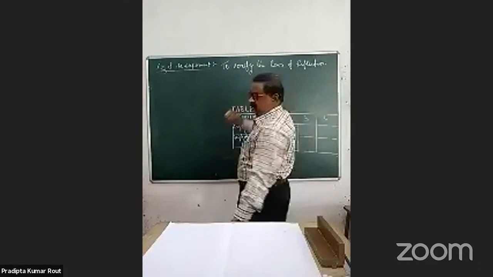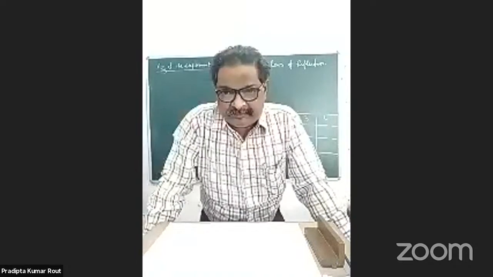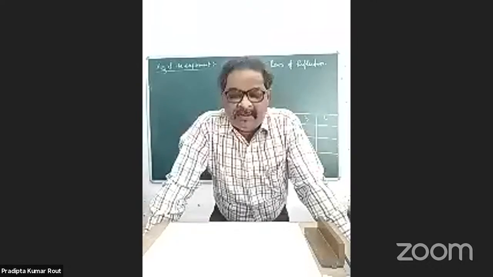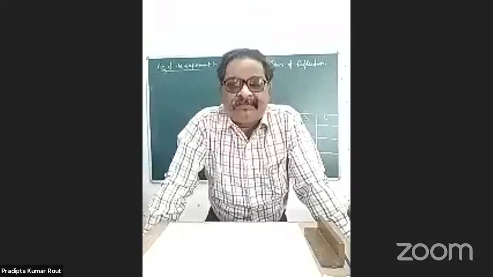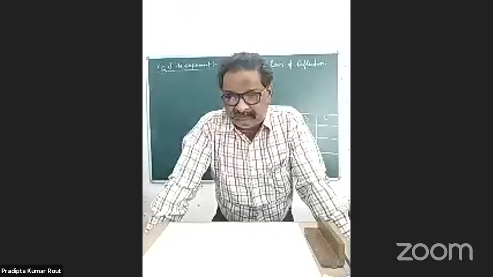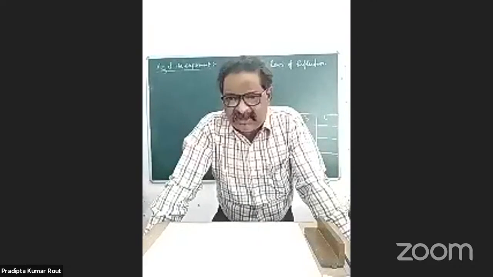How many laws of reflection, who can say? There are two laws of reflection. Two laws. What is the first law? Can you tell me? Sir, the incident ray, the normal and the reflected ray lie on the same plane at the point of incidence. That's the first law.